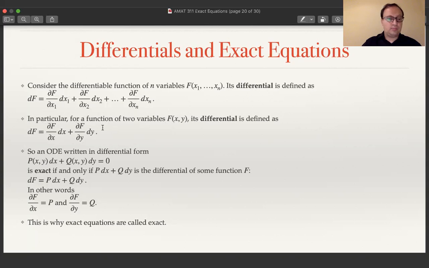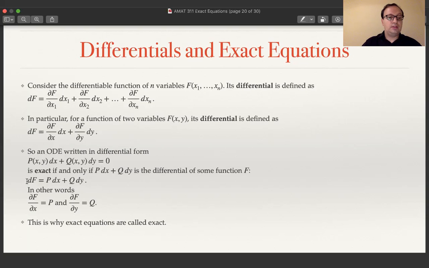And then we notice that an ordinary differential equation, p dx plus q dy is equal to 0, is exact if and only if the whole left-hand side of the equation is exactly the differential of some function capital F, which is the prime integral.